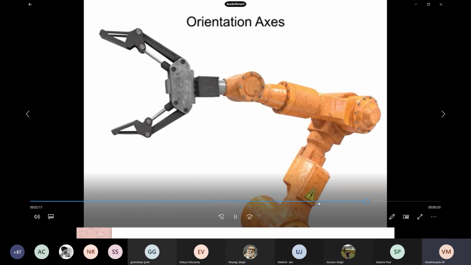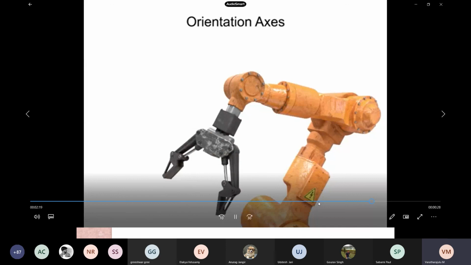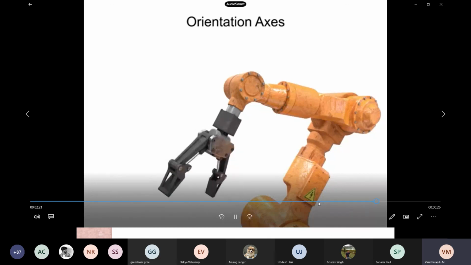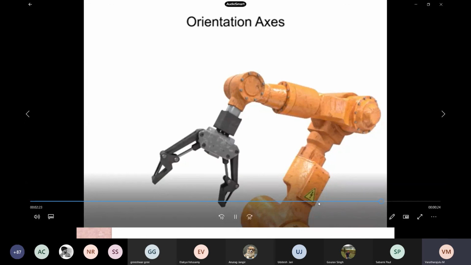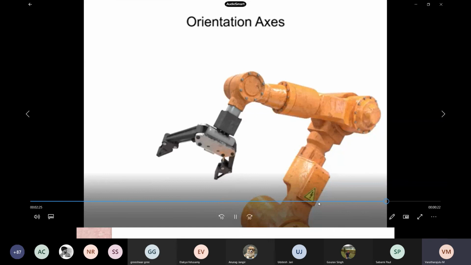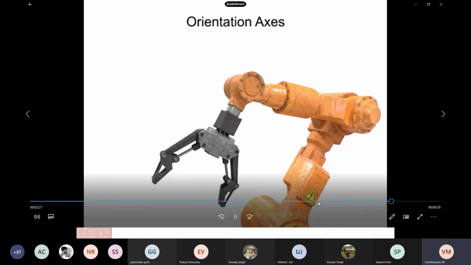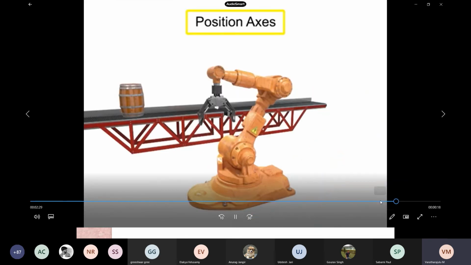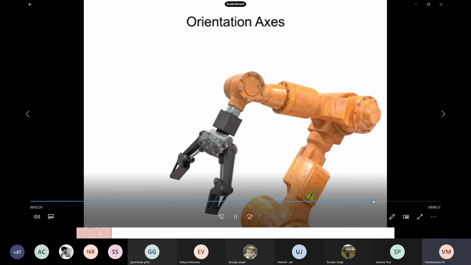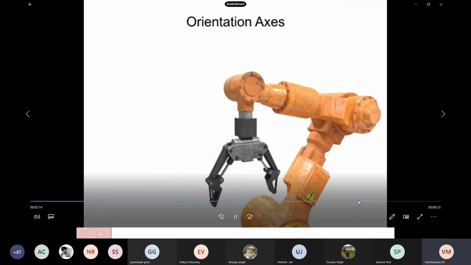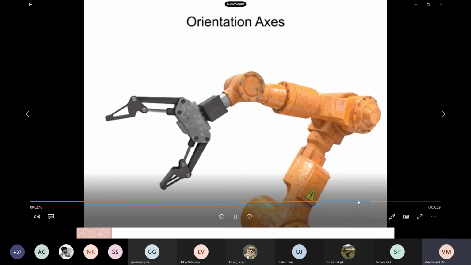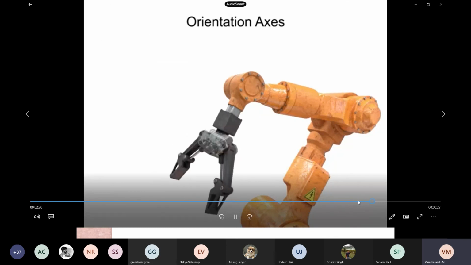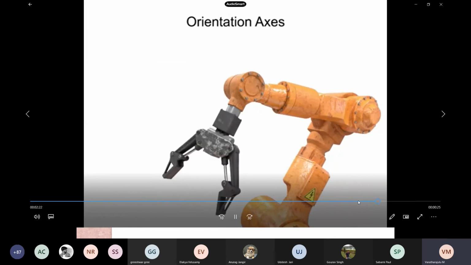Pitch moves the tool vertically. Roll rotates the tool about its center axis.